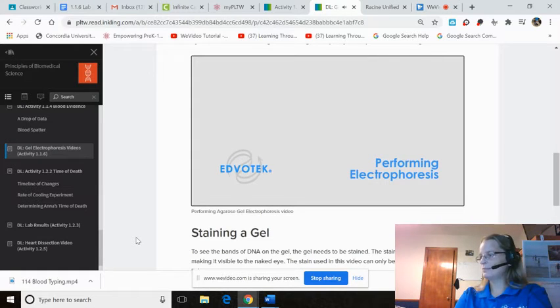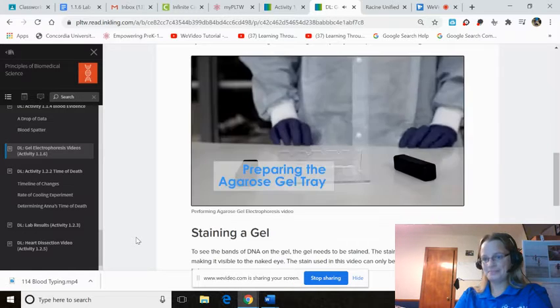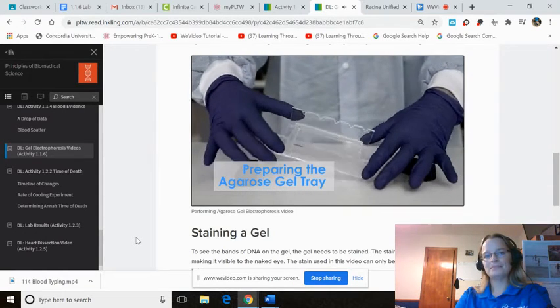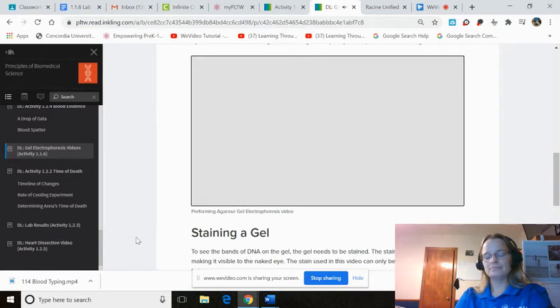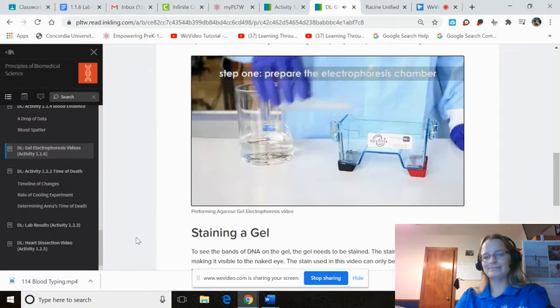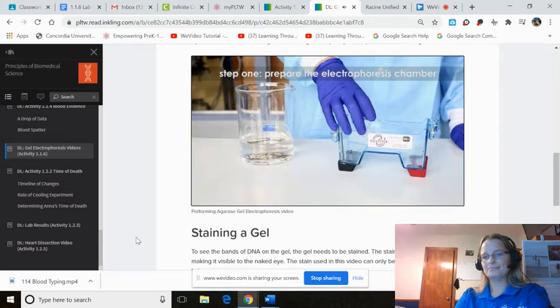Ecotech instruction videos, performing electrophoresis. In this video, we'll demonstrate electrophoresis in easy steps. Watch our video preparing the agarose gel tray before starting this experiment. Step 1. Place the gel tray into the electrophoresis chamber.